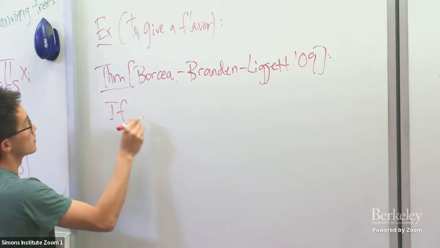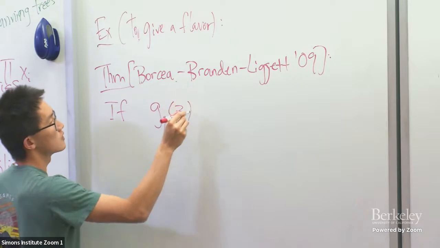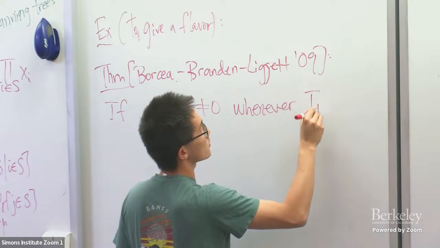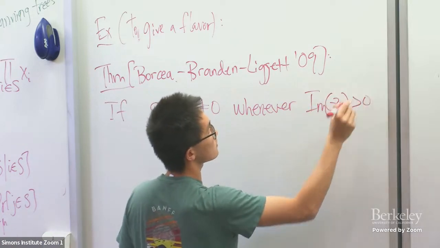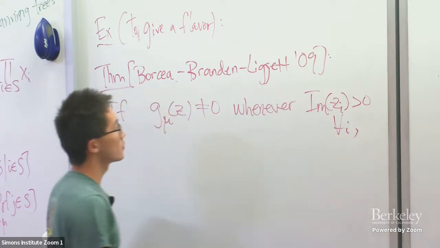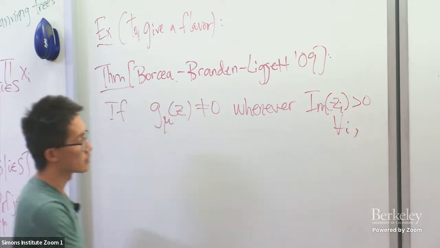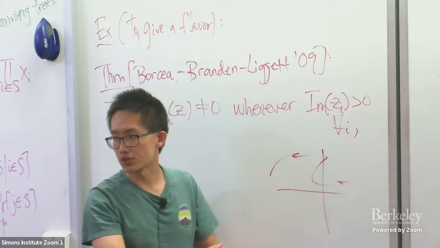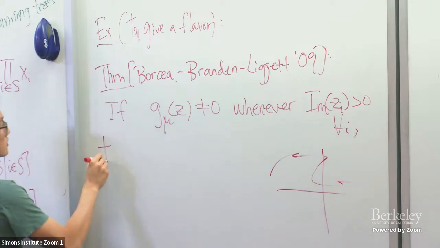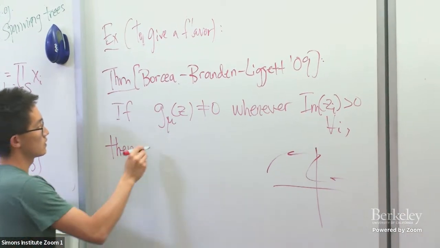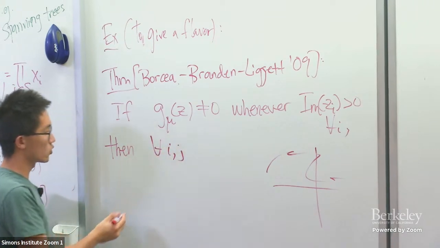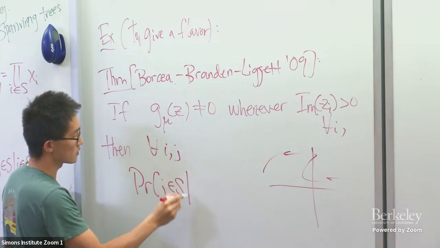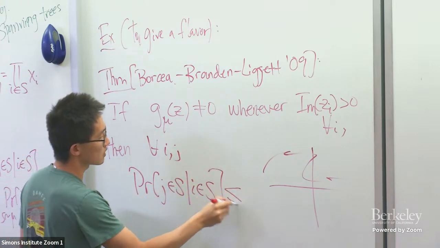If g_mu(z) is non-zero whenever the imaginary part of z_i is positive for all i, so for each variable you draw the complex plane and it's zero-free in the upper half plane, then for all i and j I have the following correlation inequality: the probability that j is in S, conditional on i being in S, is at most the probability that j is in S.